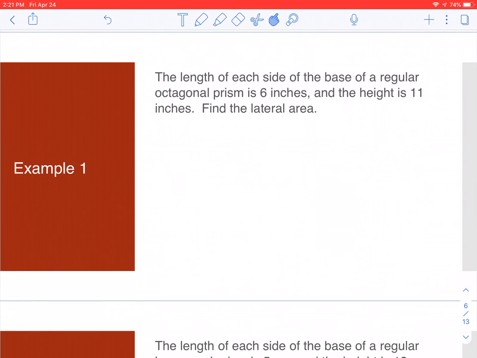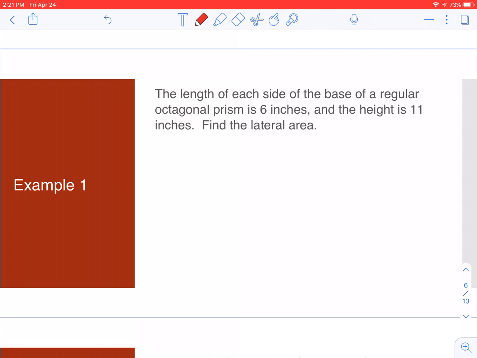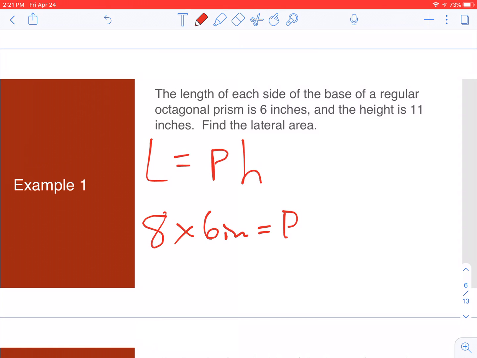Okay, so here, without a picture, we're just finding the lateral area. So lateral area equals perimeter times height. The octagonal prism has sides of 6 inches. So all I do is 8 sides times 6 inches equals the perimeter, 48 inches. Height is 11.